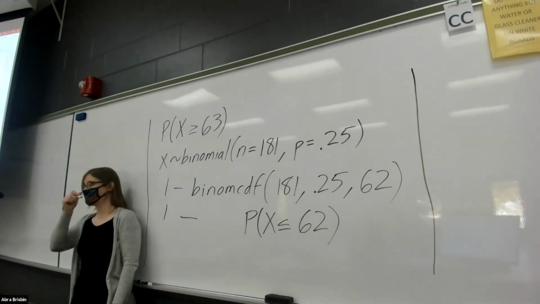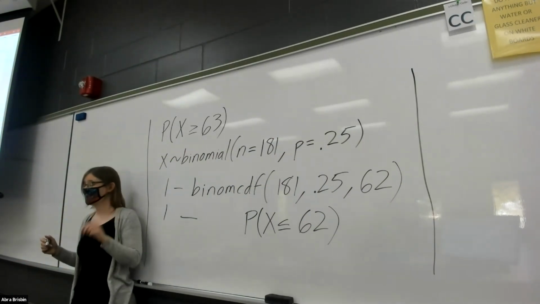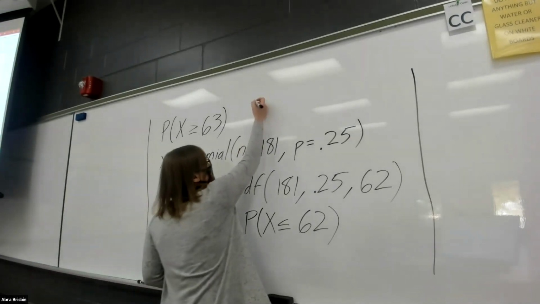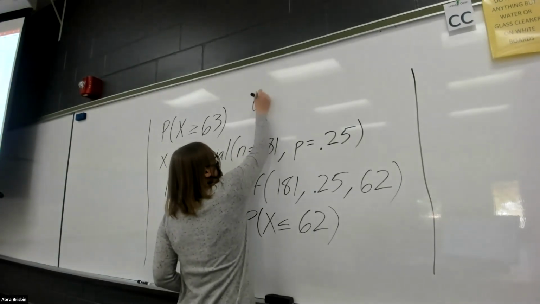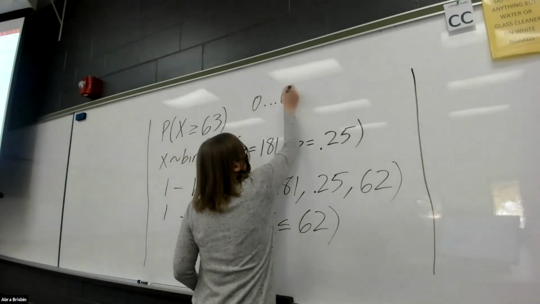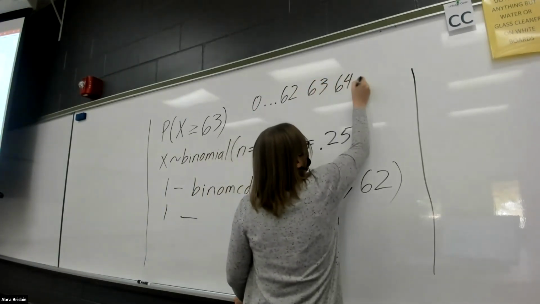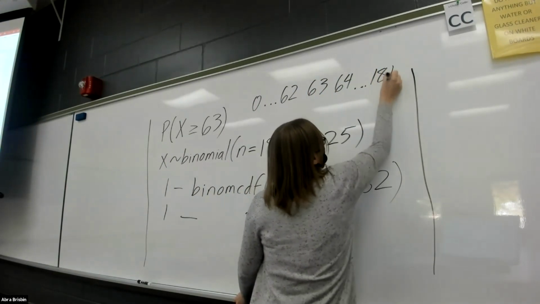And if you have trouble remembering which way the subtraction goes, the thing I always recommend is to draw a number line. Okay, how many people were born in January to March? Could be 0, up to 62, 63, 64, 181.